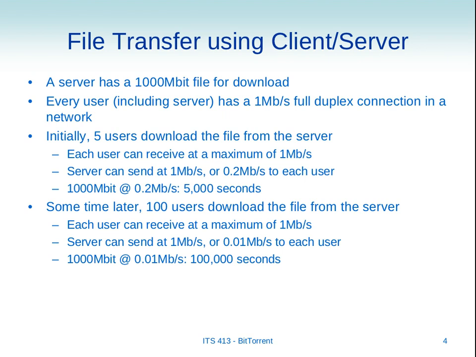So for each user, we've got 1000 megabits being received at a rate of 10 kilobits per second. 1 megabit per second is the sending rate, but we're sending to 100 different users, so 1000 divided by 100 gives us 10 kilobits per second per user or per client. 1000 megabits at a receiving rate of 10 kilobits per second is 100,000 seconds.